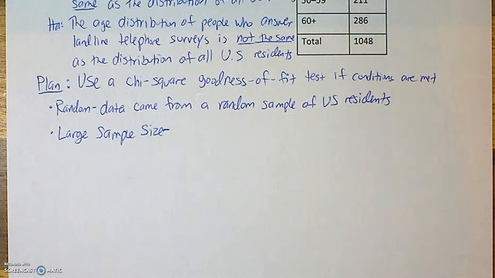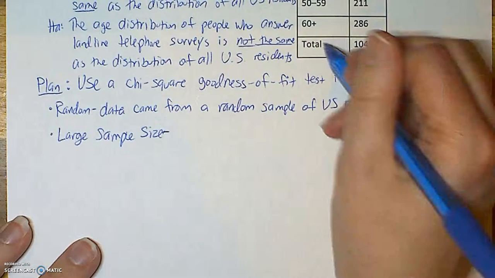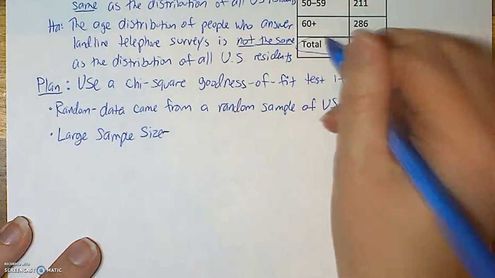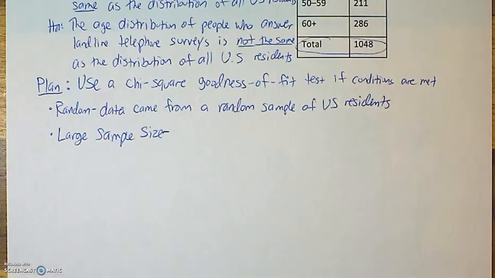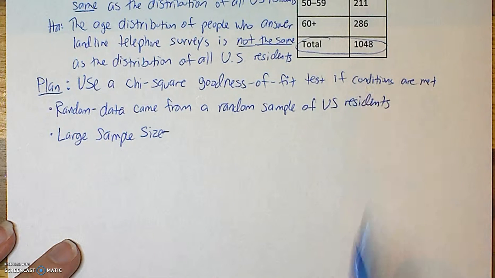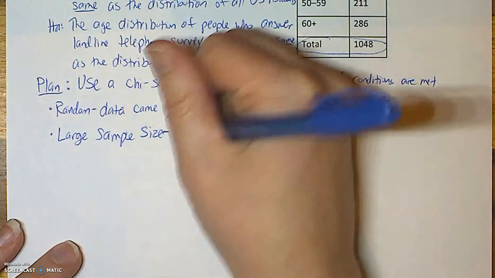So how are we going to find our expected counts? Well, your total up here was 1048. And we're going to go through and find our proportions for each category and figure out the expected counts.